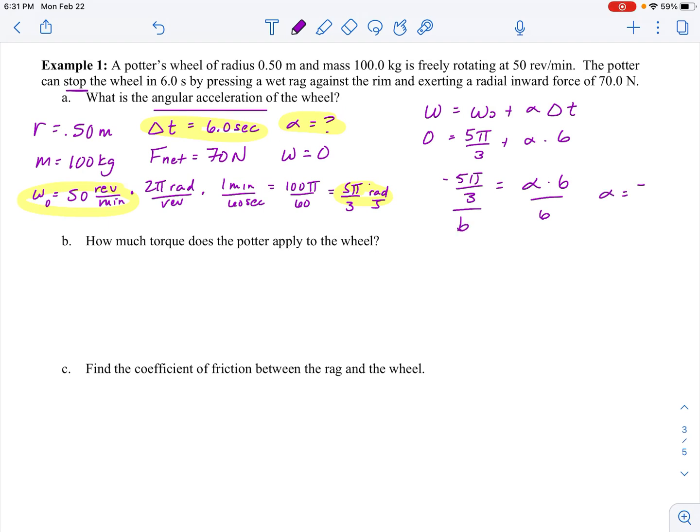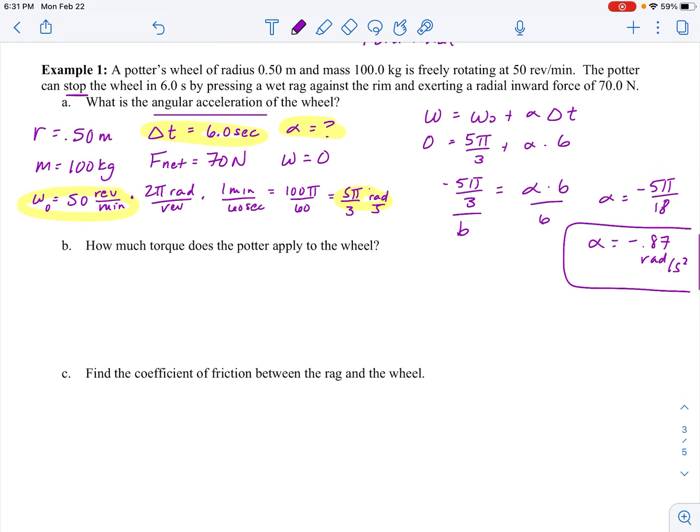And I get that alpha is equal to negative 5 pi over 18. Or if I put this as a decimal, 5 times pi divided by 18, I get negative 0.87 radians per second squared.